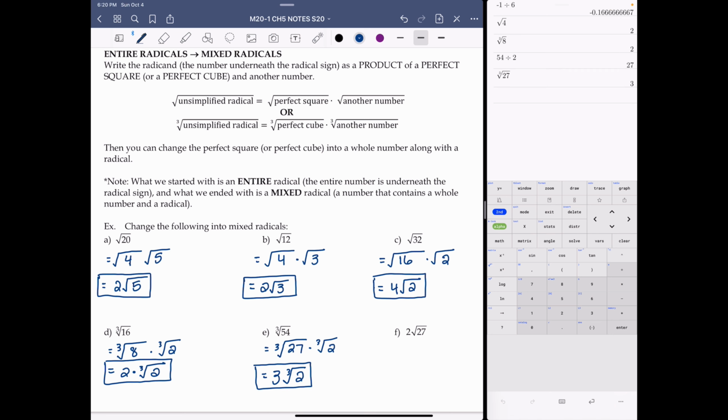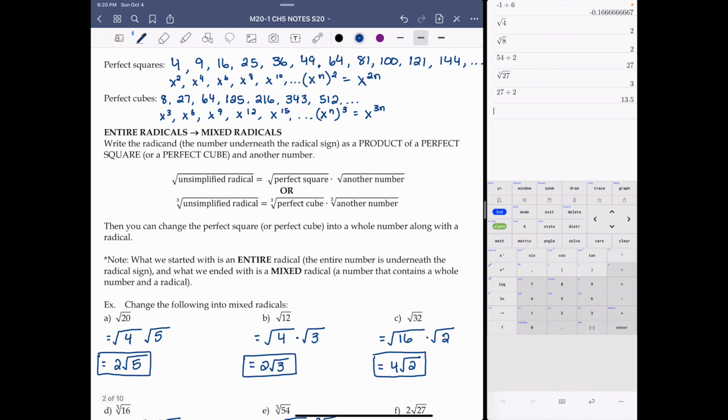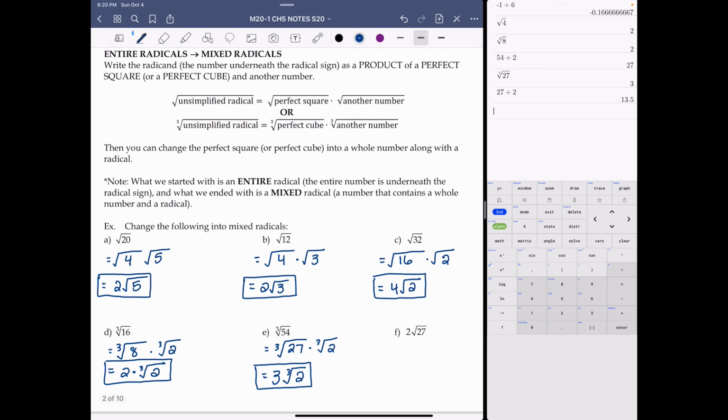2 times the square root of 27. 27 divided by 2 is 13.5. It's a square root, so we're looking at our list of perfect squares at numbers that are no bigger than 13.5. So the only two are 4 and 9. Can 9 divide 27? Yes, it can. So we write this as 2 times the square root of 9 times the square root of 3, because 9 times 3 is 27.